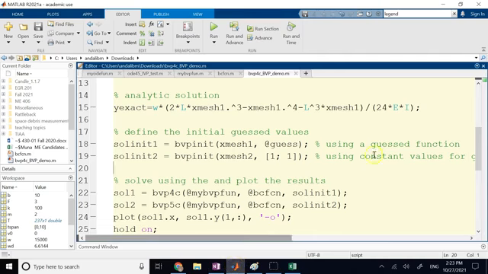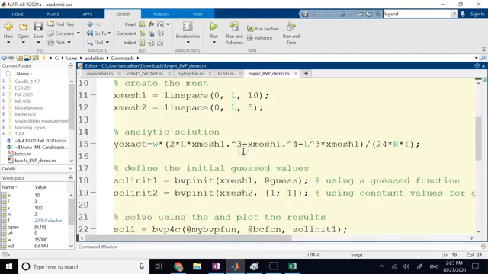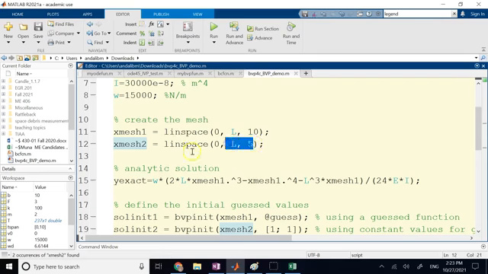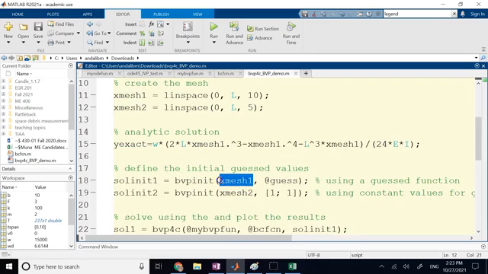Now here, I have two different types of initialization that I pass to my solvers. One of them is using 5 elements, one of them is using 10 elements. And for one of them, I said, I guess it's a constant number for y and y prime all over the place.